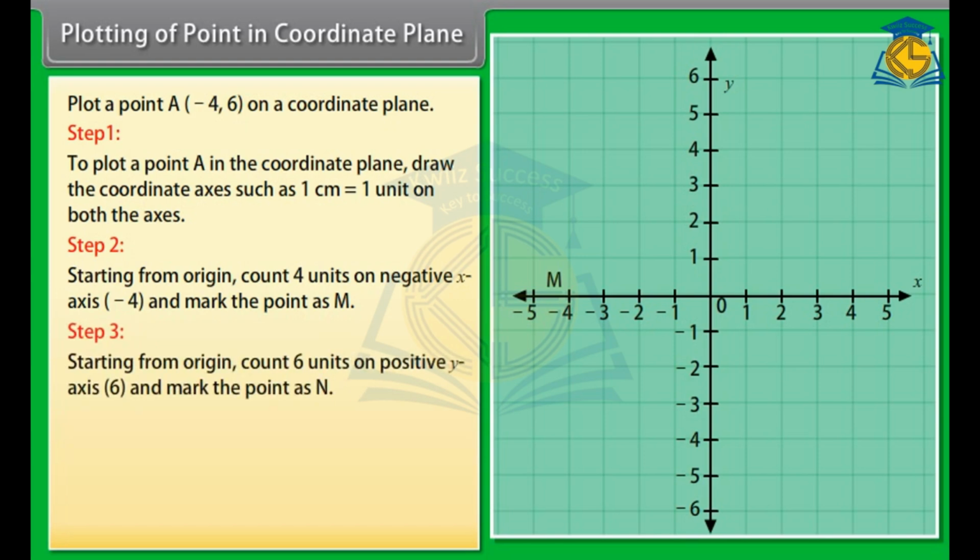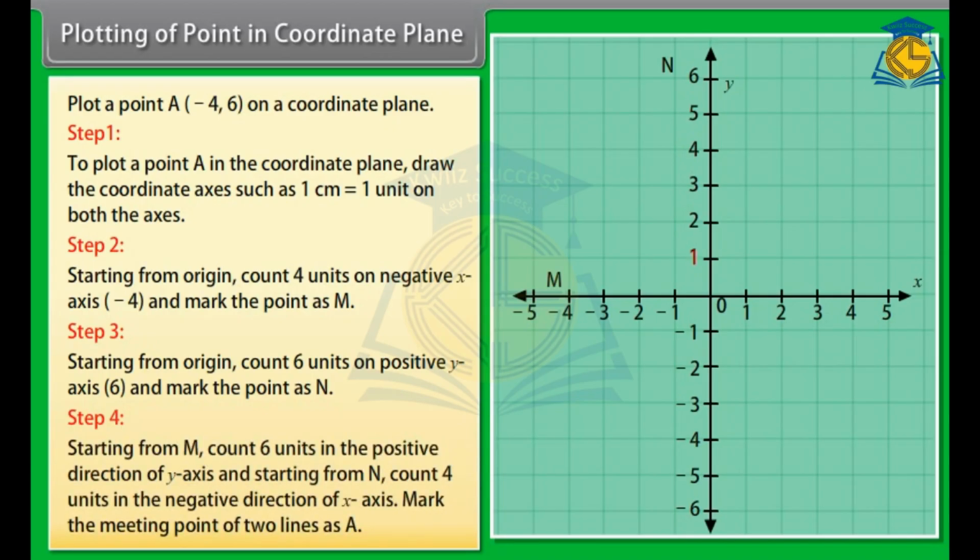Now starting from the origin, count 6 units on the positive y-axis, that is 6, and mark the point as N. Step 4. Starting from M, count 6 units in the positive direction of the y-axis, and starting from N, count 4 units in the negative direction of the x-axis. Mark the meeting point of the two lines as A.